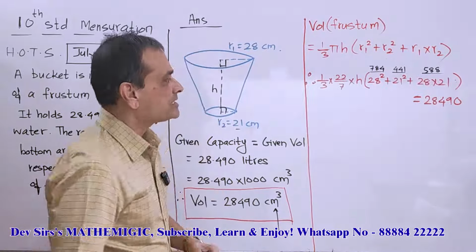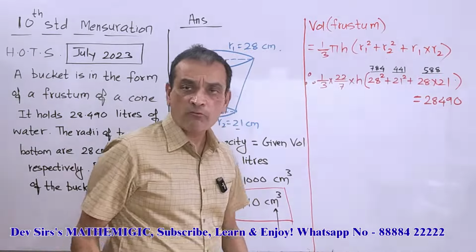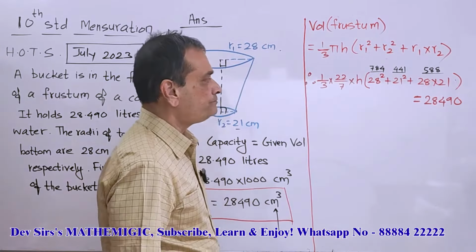Now for our reference, I have written this as 784 plus 21 squared is 441, 28 into 21, 588.